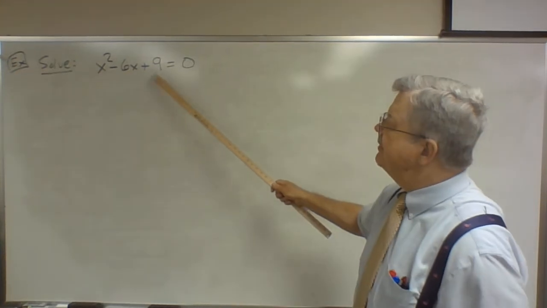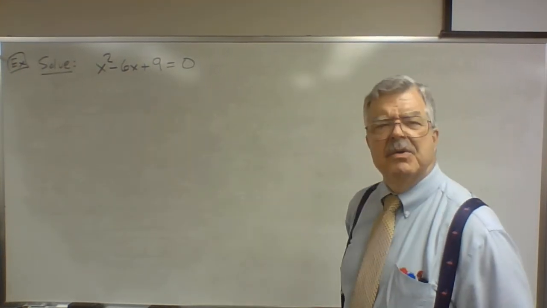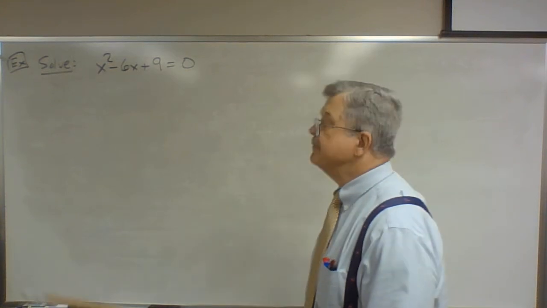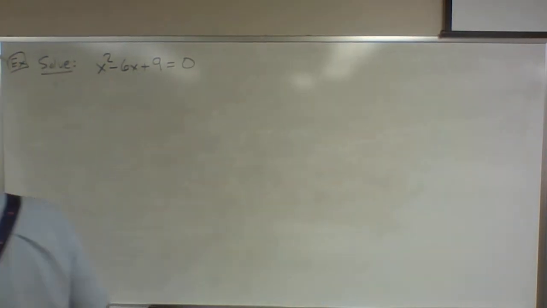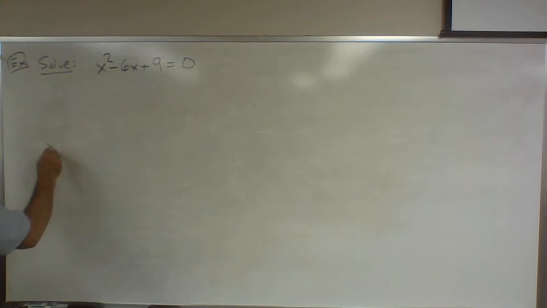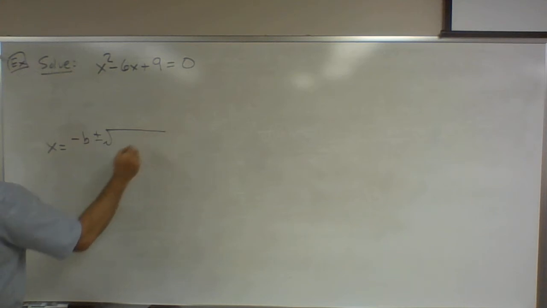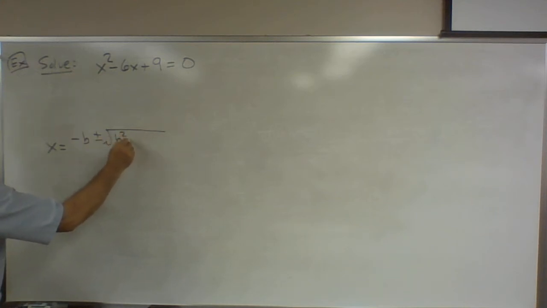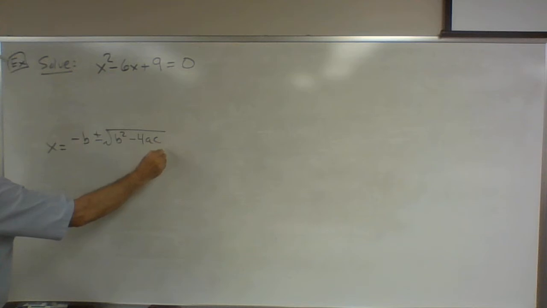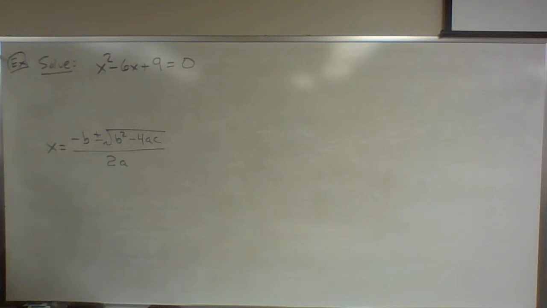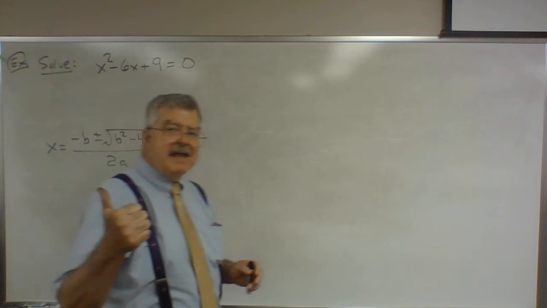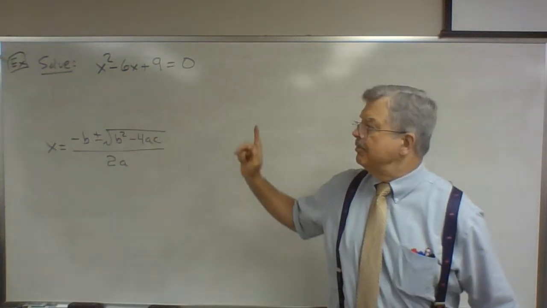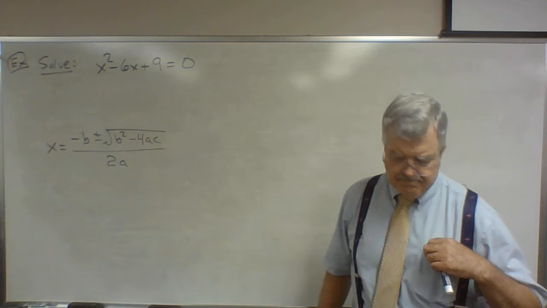Okay, let's solve this one using the quadratic formula. So we're going to have x equals -b plus or minus the square root of b squared minus 4ac all over 2a. So we have to identify A, B, and C and plug those into this equation.